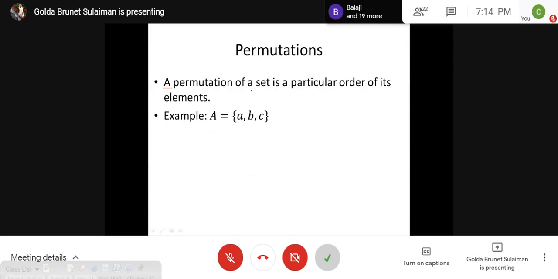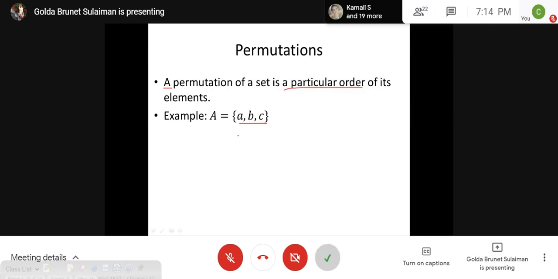A permutation of a set is a particular order of its elements. Take any set A, and if you order its elements in some particular order, that will become a permutation.